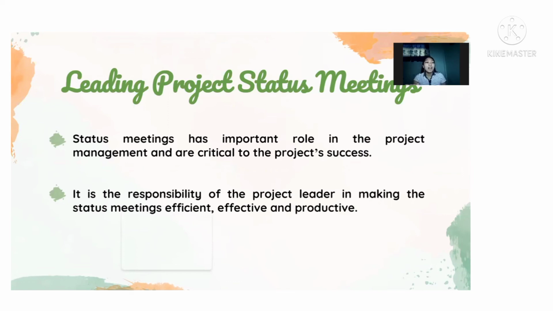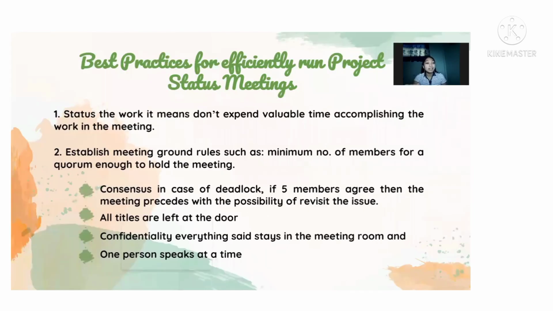Next, please. Now, here are the best practices for efficient runs of a project status meeting. First, status the work. It means you don't expend valuable meeting time accomplishing the work in the meeting. Second, establish meeting ground rules, such as a minimum number of members for a quorum enough to hold the meeting.